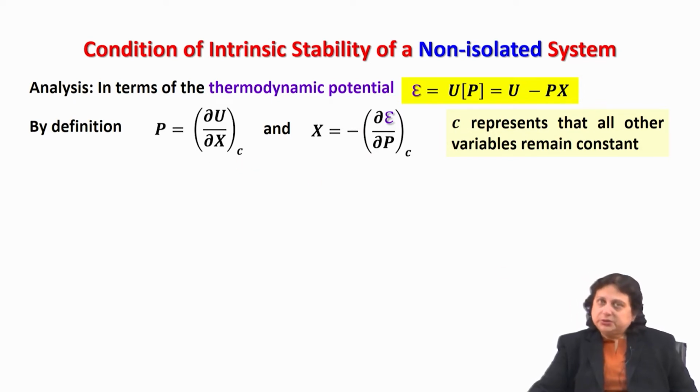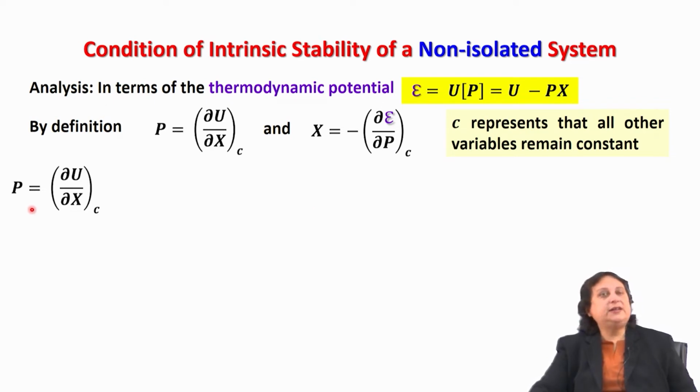Now, I am going to use these definitions of the thermodynamic potential E, the new independent variable P and the old dependent variable x, to find out the condition of intrinsic stability, not in terms of U, but in terms of the thermodynamic potential E. So, how do I do it? The way to do it is as follows. Let us have a look at this definition. P by definition is del U del x.